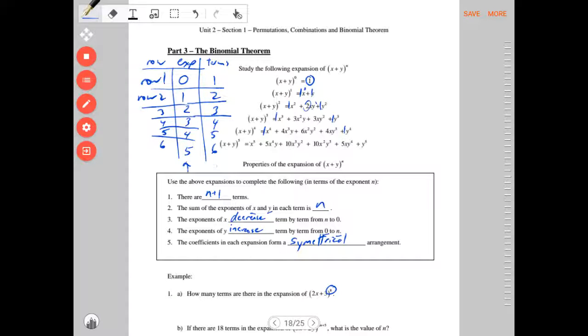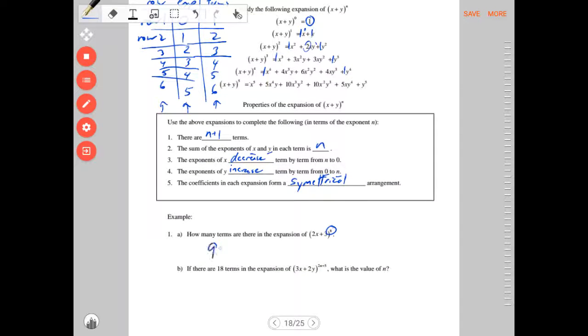Now the number of terms and the row number is always one more than that exponent. So here there's going to be 9 terms, and we're going to be in the 9th row of this particular pattern. So 9th row, 9 terms, the exponent is 8.